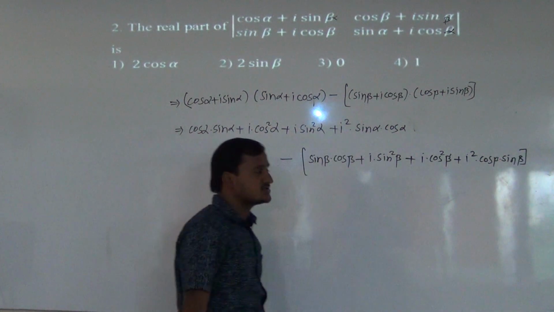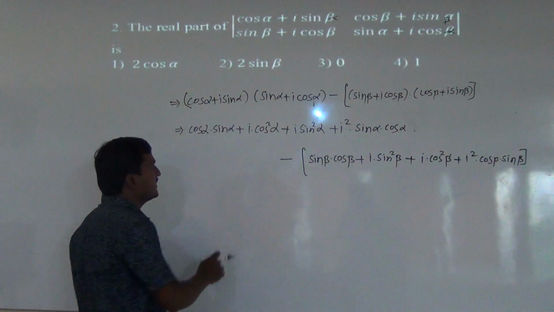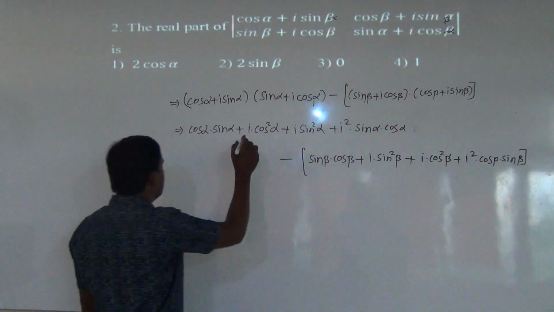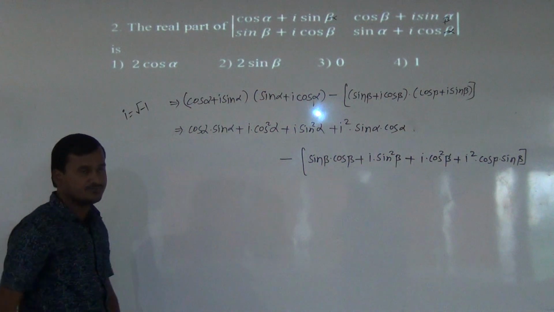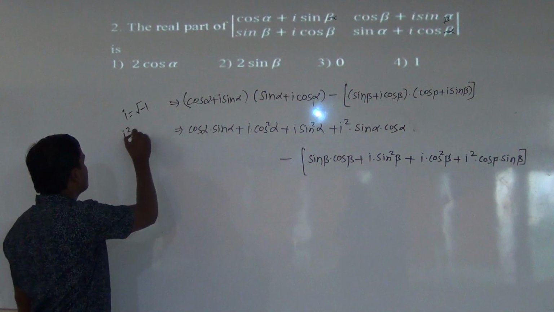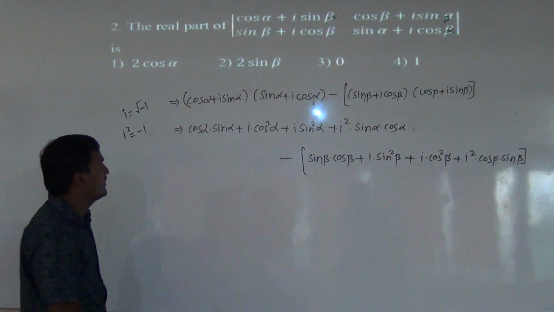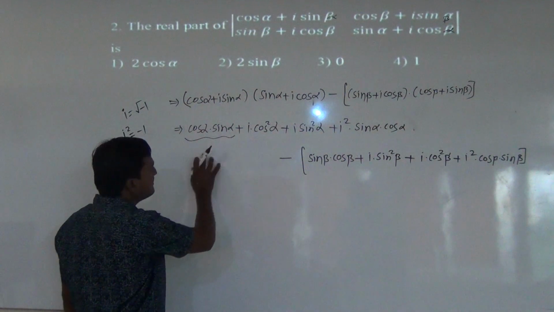Again simplification: here I am using i square. i is nothing but root of minus 1, so i square is nothing but minus 1.